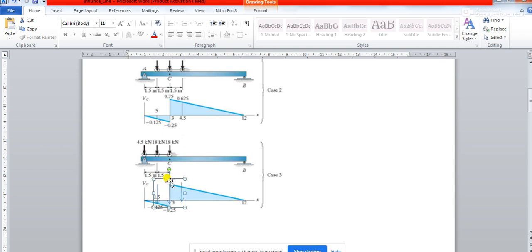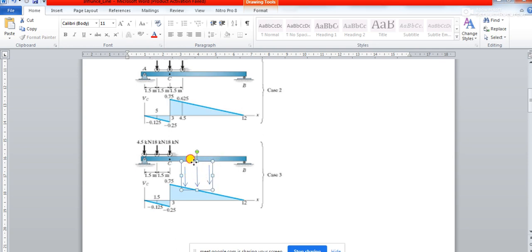So when there is a movement of this front load by, let's say, 1.5 meters, it will be moving like this, but you observe very carefully. When there is a movement of this front load of 4.5 kilonewton, there is an 18 kilonewton load, this 18 kilonewton load and this 18 kilonewton load.